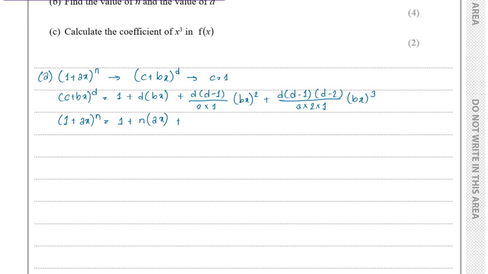Plus d is n, so it will be n multiplied by (n minus 1) divided by 2 multiplied by 1, and b is a, x squared. Plus d is equal to n, so it will be n multiplied by (n minus 1) multiplied by (n minus 2) divided by 3 multiplied by 2 multiplied by 1, or you can write it as 3 factorial, b is equal to a, x to the power 3.